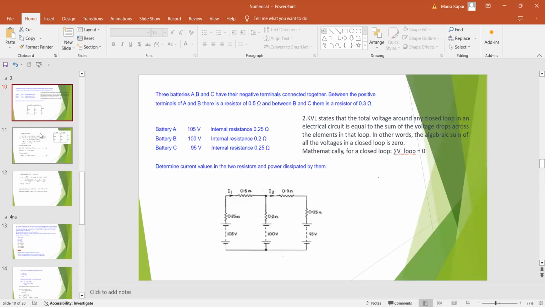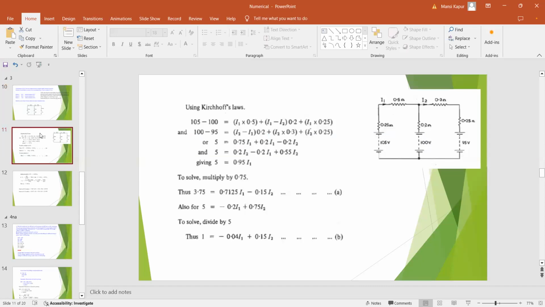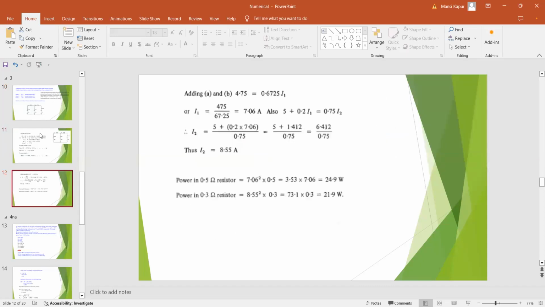I1 will be 6.90, I2 will be 7.82. Okay. Clear, guys? Sir, last part I want to see one more time. Last part. These calculations are not correct. Okay.